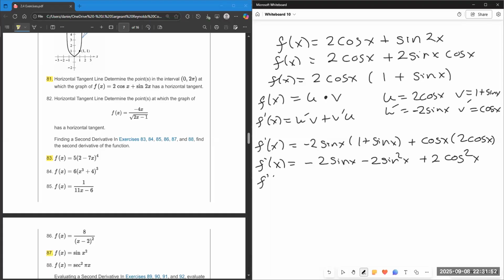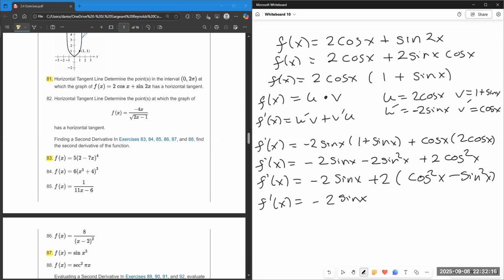This is negative 2 sine x plus 2 times cosine squared x minus sine squared x. Cosine squared minus sine squared is cosine 2x. F prime of x is negative 2 sine of x plus 2 cosine of 2x.